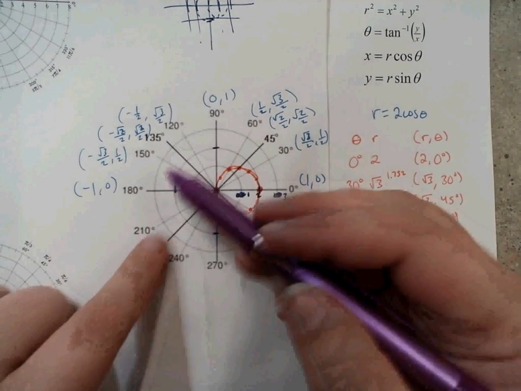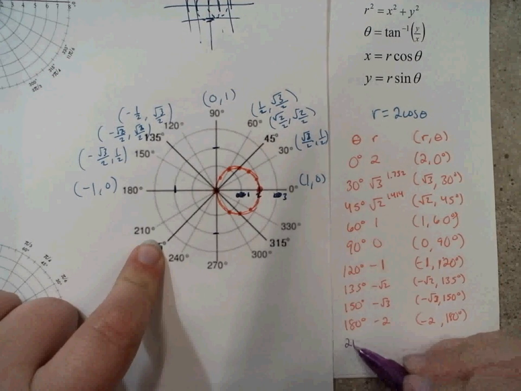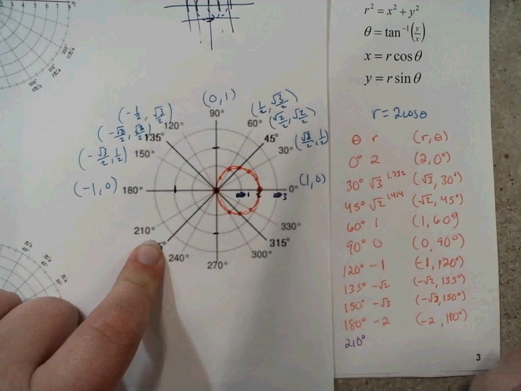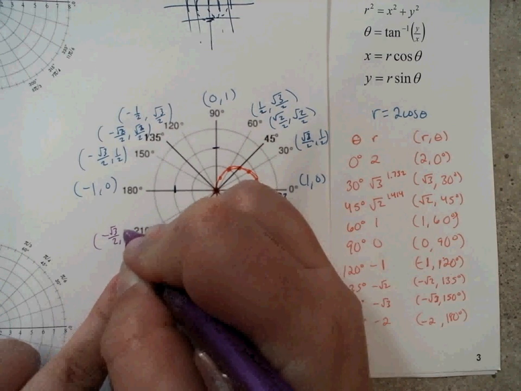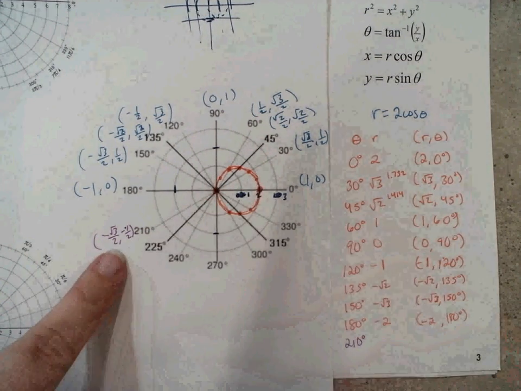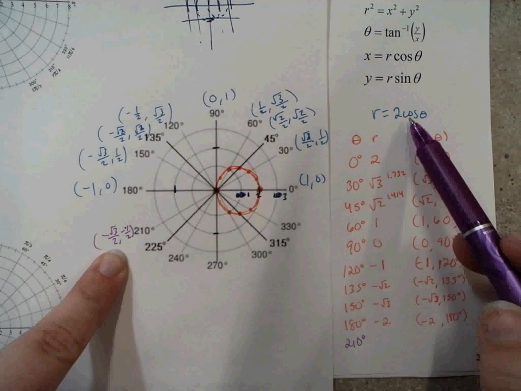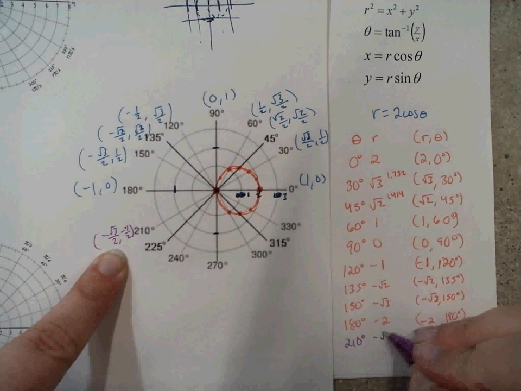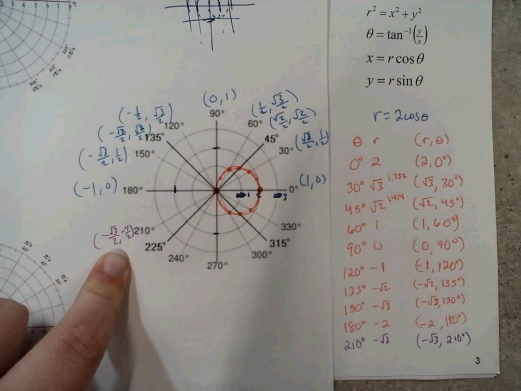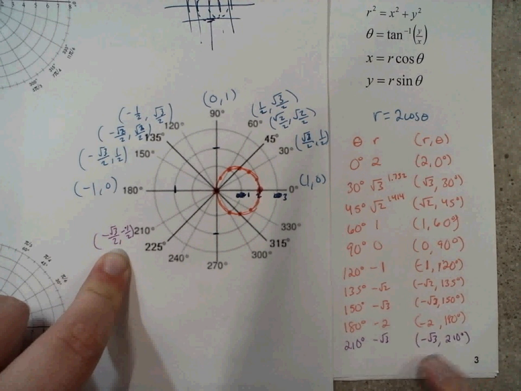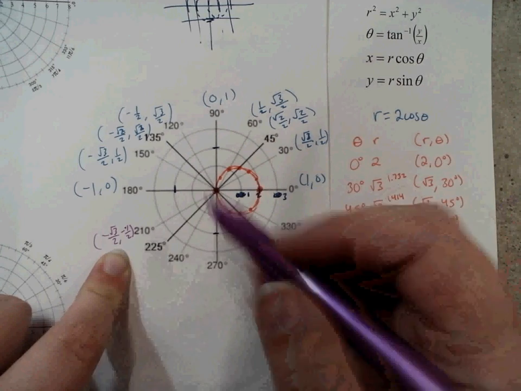Now, what if I kept going? 210. So if I kept going 210, the cosine of that would be negative square root of 3 over 2. Negative 1/2 would be the sine. But cosine of 210 would be negative square root of 3 over 2 times 2 would be negative square root of 3. So it'd be negative square root of 3, 210 degrees. So at 210 degrees, go negative 1.732.